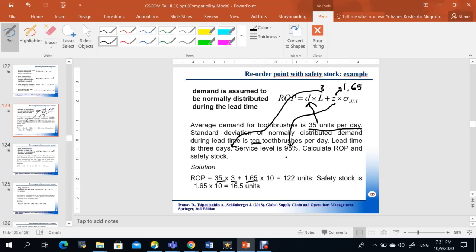And finally we have 122 units. That is the reorder point, a point where we have to make an order to our supplier.